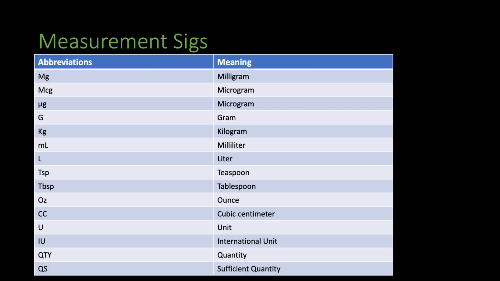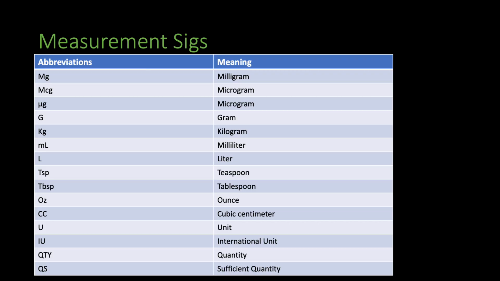So make note of that. Ounce, definitely understand ounces as well. 1 fluid ounce is approximately 30 milliliters. Then cubic centimeter, where 1 cubic centimeter is approximately 1 milliliter.